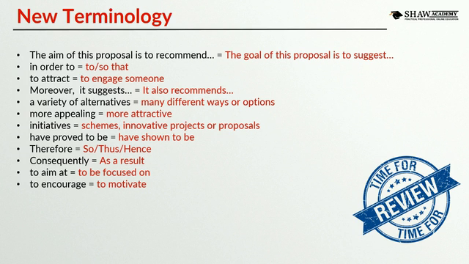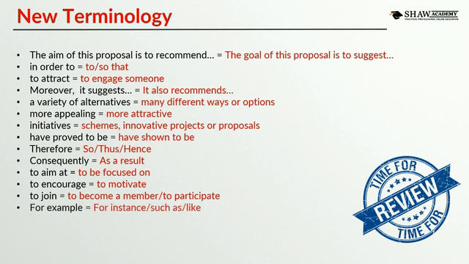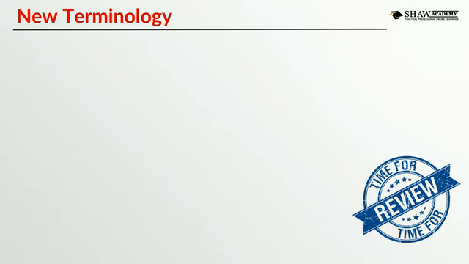To encourage is to motivate. To join is to become a member or to participate. For example, as we know, just means for instance, such as, or like, if you're being more informal. Then we've got I propose means I suggest or I recommend. However means but.